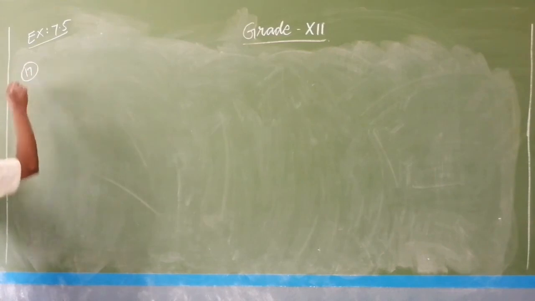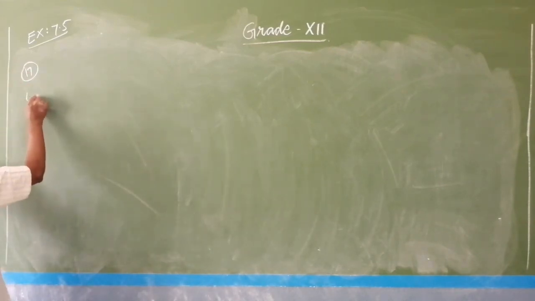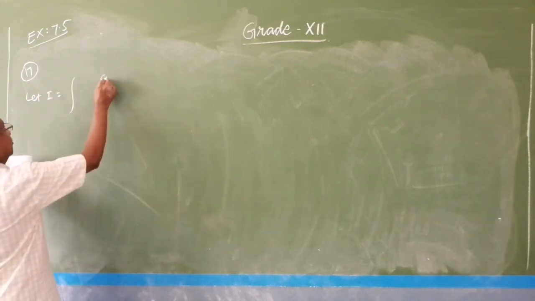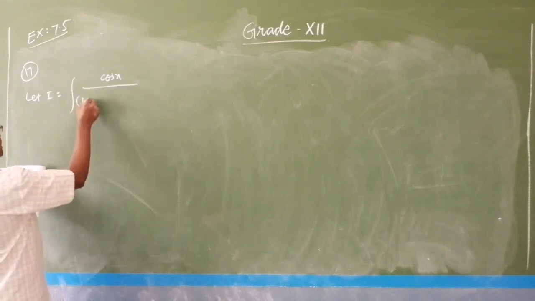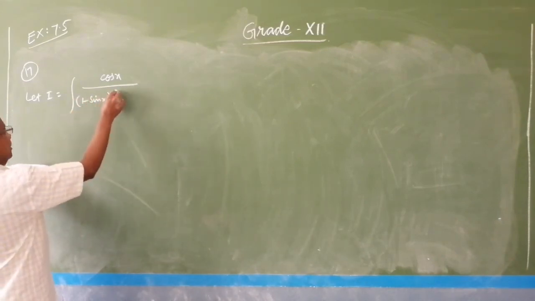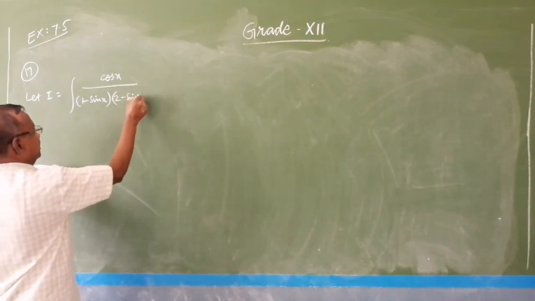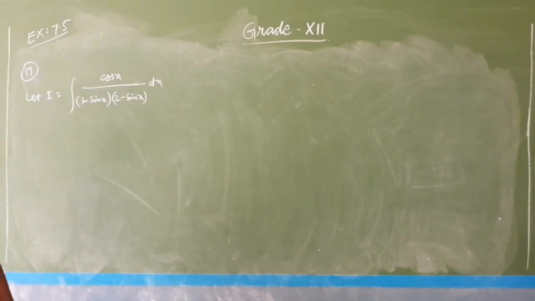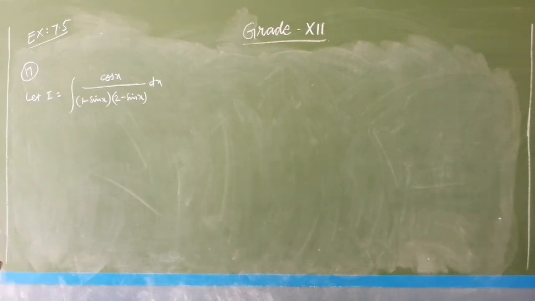Question number 17. We are given, assume that I equals cos x divided by 1 minus sin x into 2 minus sin x into dx. We are given a hint in this book that put sin x equal to t.